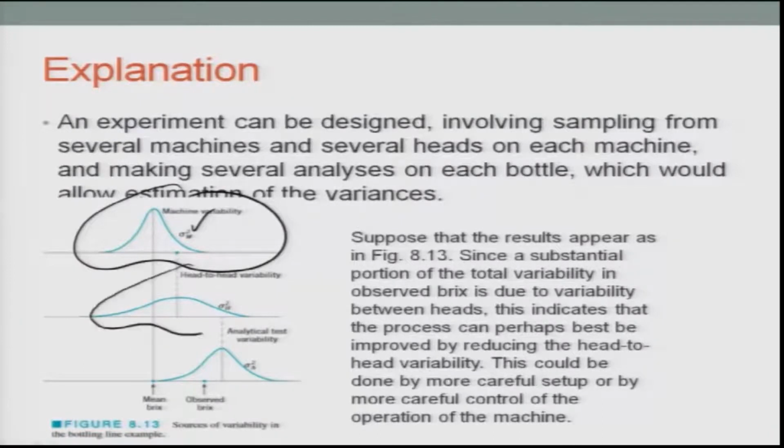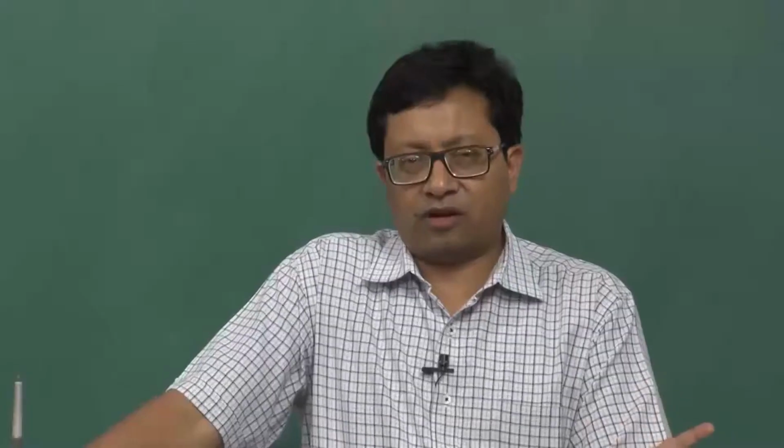In the second case you have the head to head variability, and this variance is given by sigma square suffix h, and the last one is the analytical test variability, considering the tests being performed. What is the variability for them? This variance is given by sigma square suffix a. Now, as I mentioned, we add up the variances in finding the total variability.